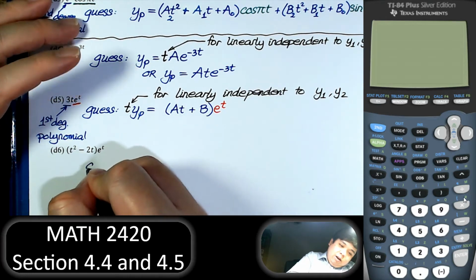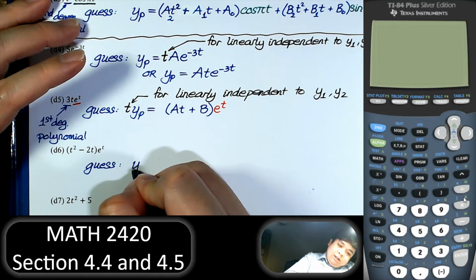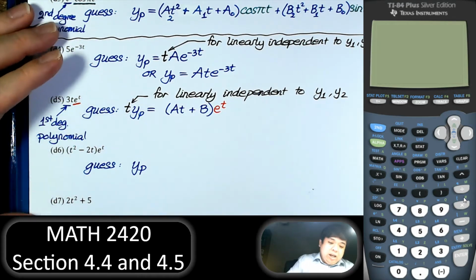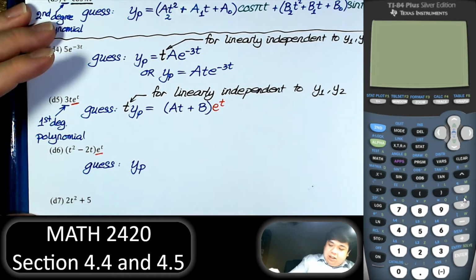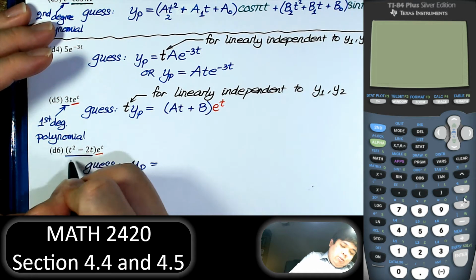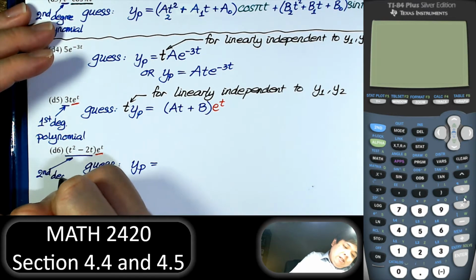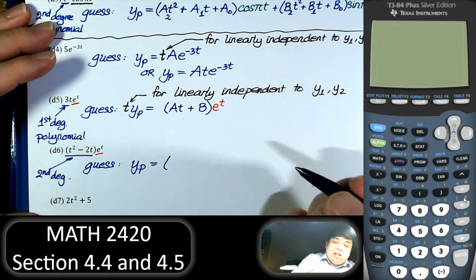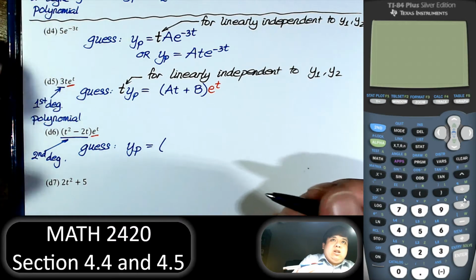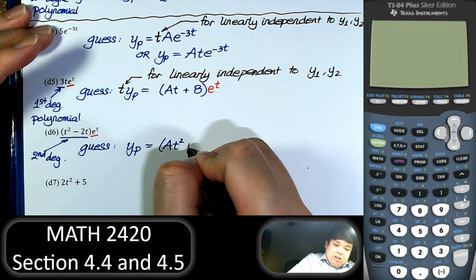For this problem, once again we have e to the t, but we also have the second degree polynomial. So we have to guess second degree, because we need to write the full second degree. So I'm just going to write this.